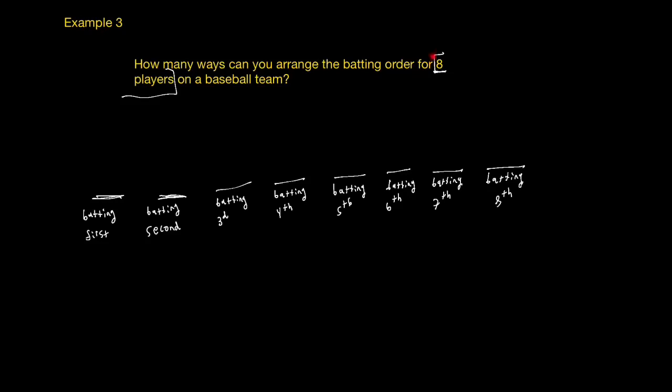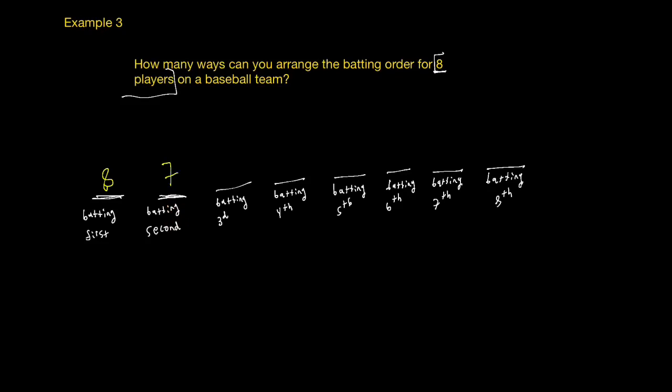So now I have 8 players, so we have 8 possibilities for someone batting first. And here, let me actually do this in yellow. And then once this person is chosen to bat, we have 7 people remaining that can bat second.